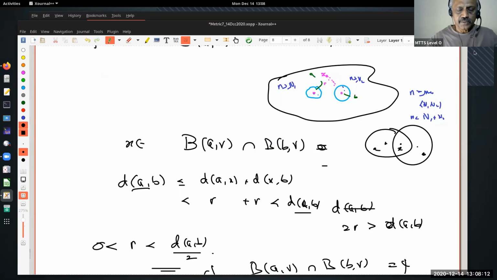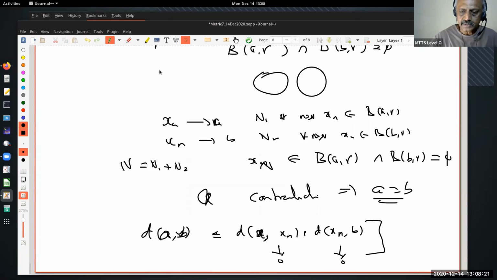So I think we will stop here. This is good enough for you to work with. There may be a few other things which I can do, but as I said, in this series of lectures I want to cover very basic concepts in metric spaces. Start with metric, open sets, open balls, closed sets, right?